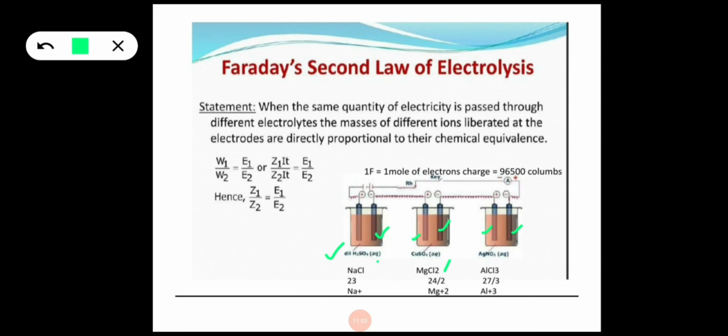The ions may pass with a different speed. The cation and anion may travel with different speeds, but the amount deposited at their respective electrodes will be in the same equivalents.